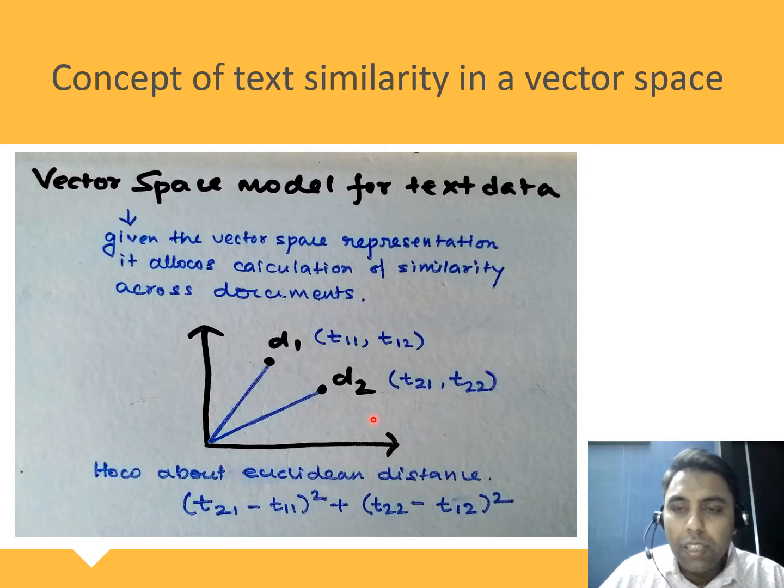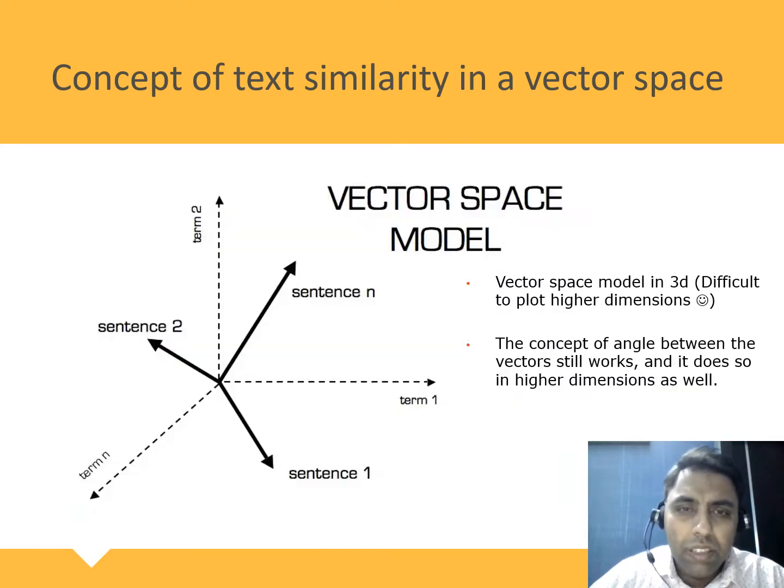And that is exactly what gets used in most cases, because the angle between D1 and D2 is less affected by the term frequencies than Euclidean distances. So as a convention, we use the angle between D1 and D2 as a measure of the similarity.